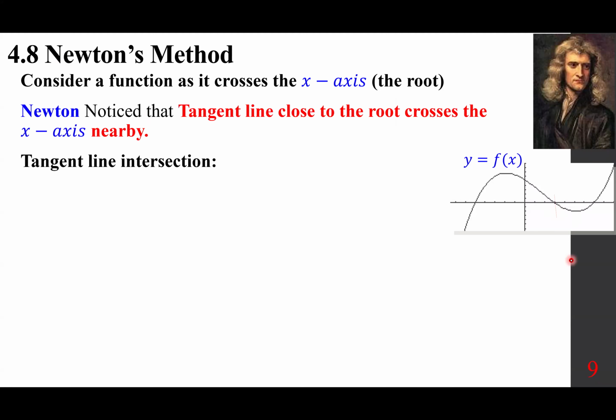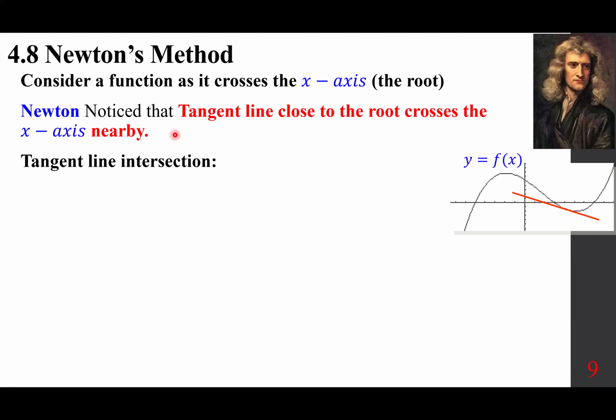Newton noticed that a tangent line close to the root crosses the x-axis nearby. So take a look. Here's the root, and the tangent line nearby also has a root. The x-intercepts for the tangent and the function are two different points, everybody. However, it's somewhat close. That's the idea.